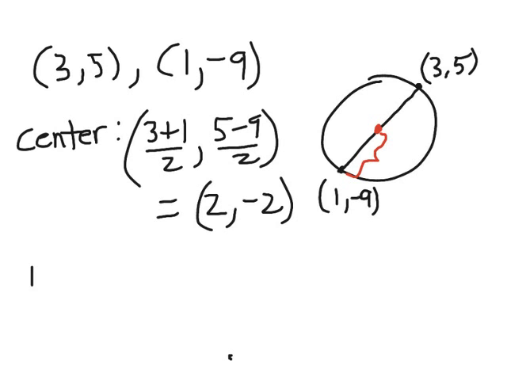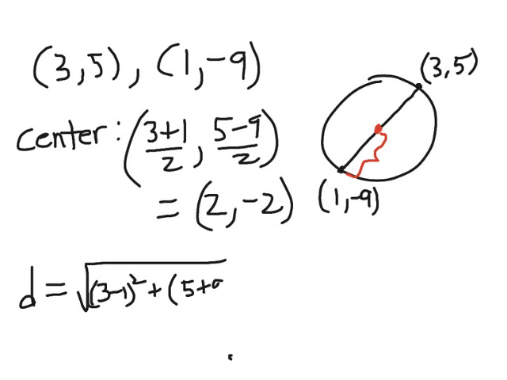Then I need to find the radius. To find the radius, I find the distance between my 2 points. So the distance is the square root of, I subtract my x numbers, 3 minus 1, squared, plus, I subtract my y numbers, 5 minus −9, that's 5 plus 9, squared.